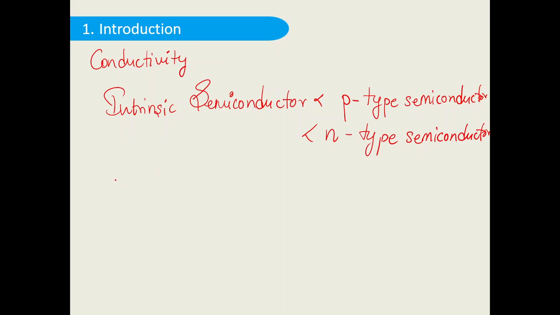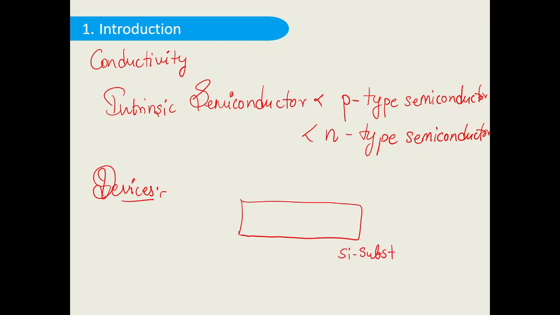If I want to make some devices, then we consider a silicon substrate. On one side of the silicon substrate, we add a trivalent impurity, and on the other side a pentavalent impurity, such that one side is the positive type of semiconductor and the other side is the negative type.